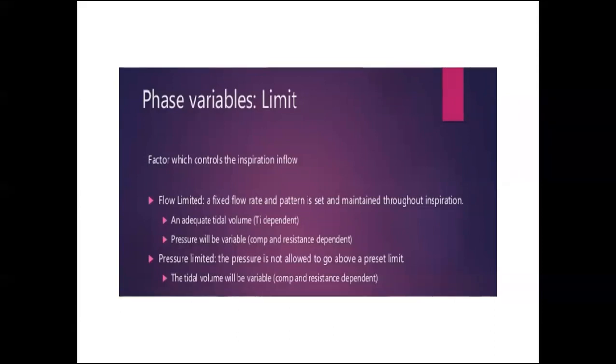Yeah, time is a common one. You set the inspiratory time, and at the end of that inspiratory time, it goes back to expiration. Other things? Flow. Yes, flow. How can flow act as a cycling variable?